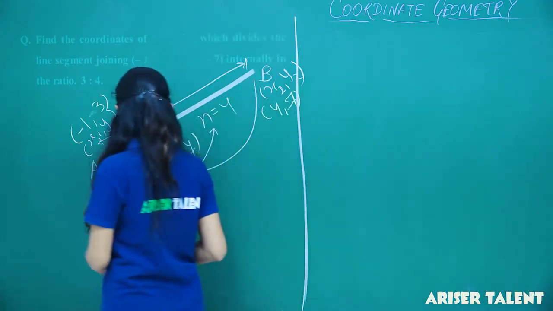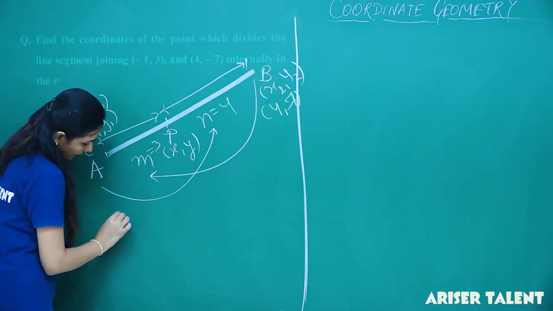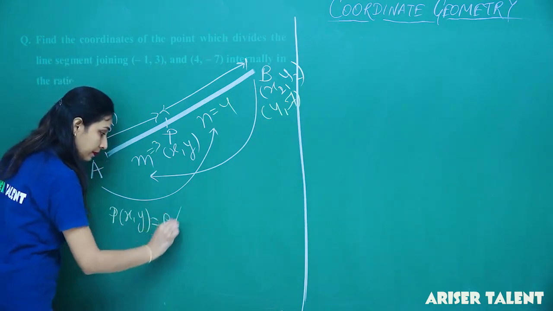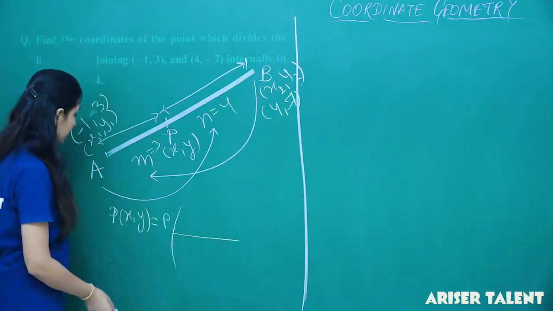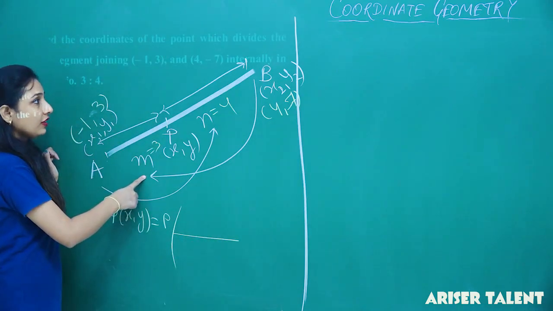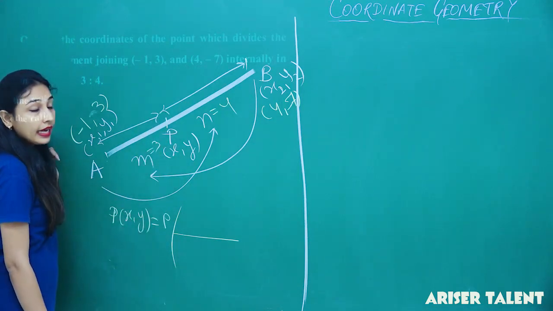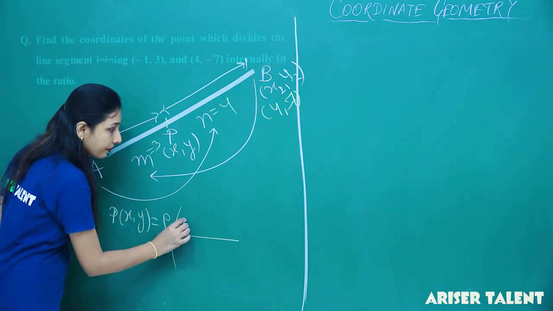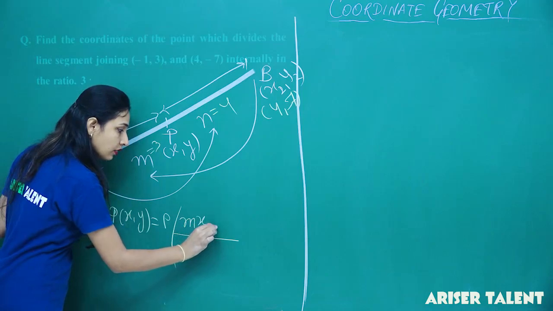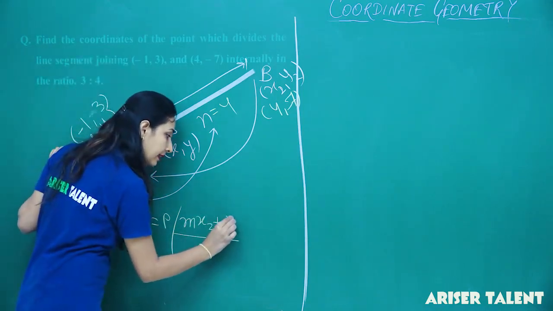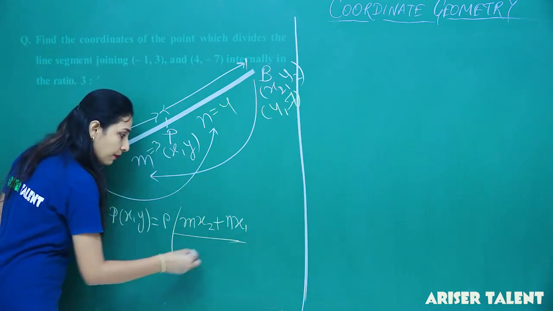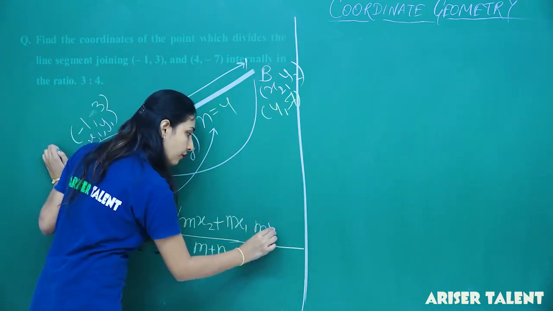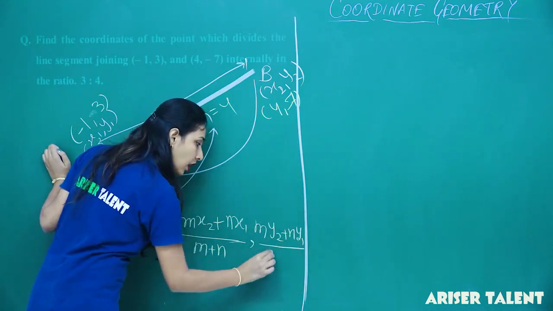I'll be having this formula: P x y will be equals to, if I go with the M, I have to take the x2. If I go with the N, I have to take the x1. So that will be M x2 plus N x1 upon M plus N. And for y, I'll be having M y2 plus N y1 upon M plus N.